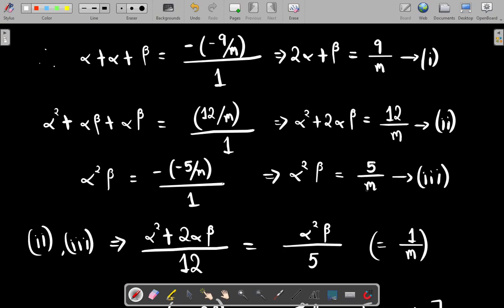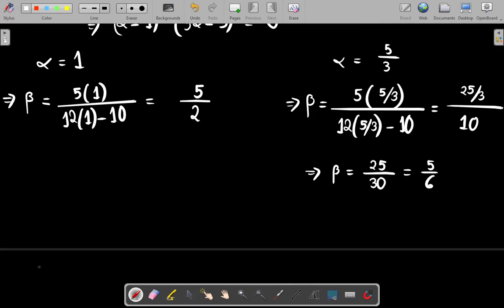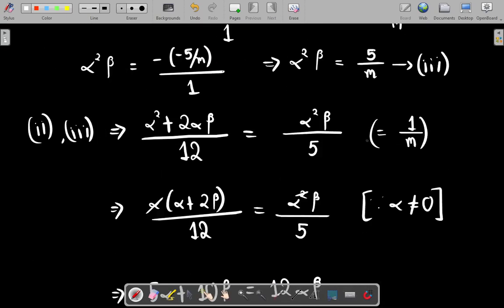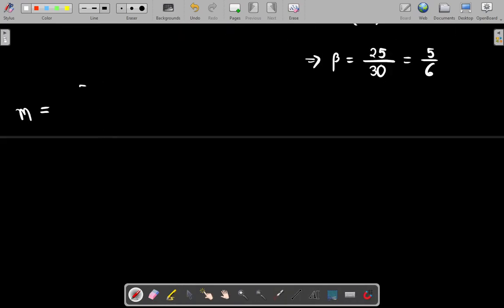So from here let us find the value of m in either case. Alpha square beta is equal to 5 upon m. So m will be equal to 5 upon alpha square beta, right? In this case also this is going to be 5 upon alpha square beta, right?